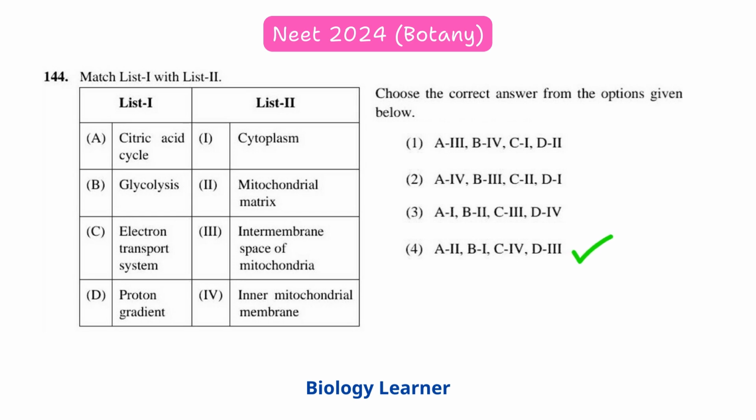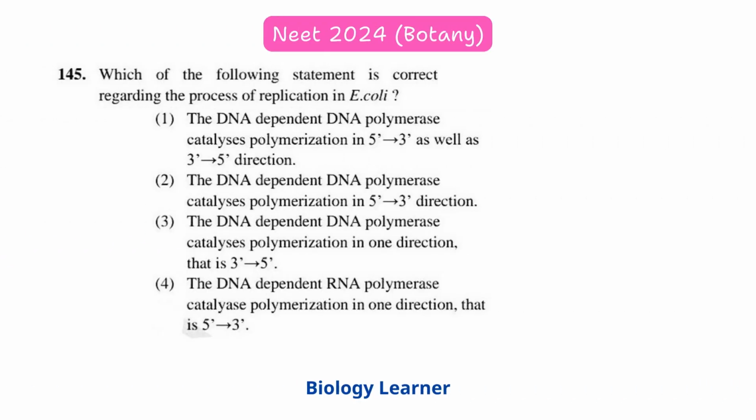A-2, B-1, C-4, D-3. Which of the following statement is correct regarding the process of replication in E. coli? The DNA-dependent DNA polymerase catalyzes polymerization in 5' to 3' direction.